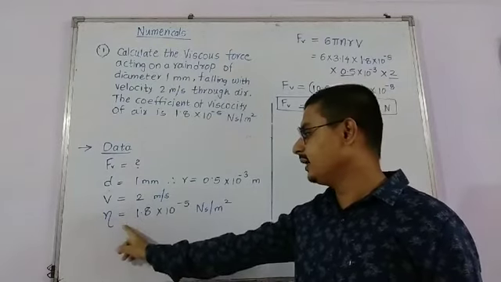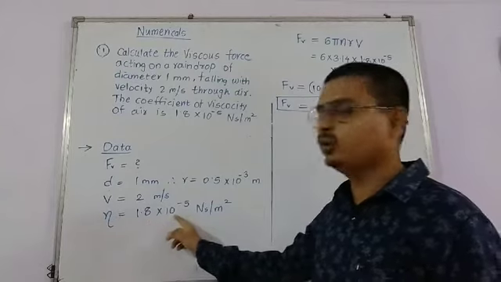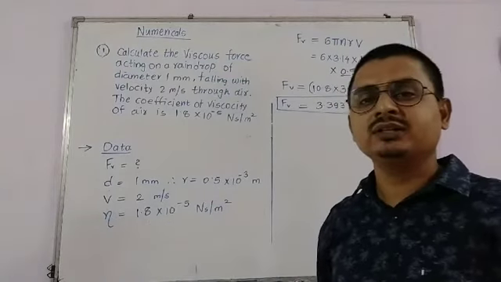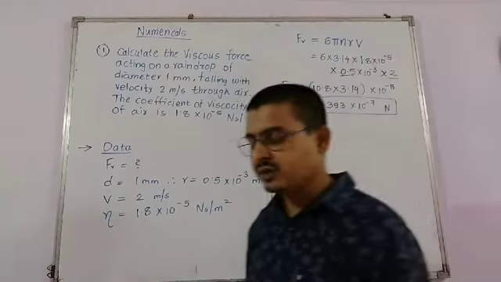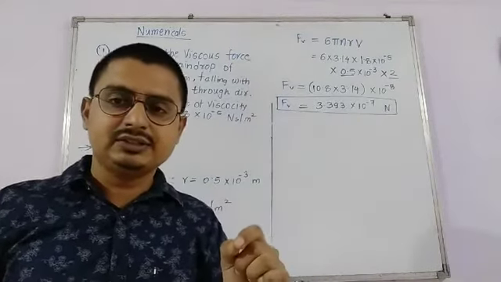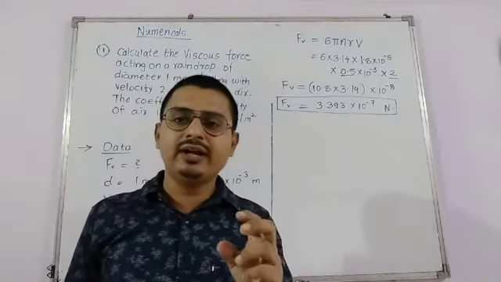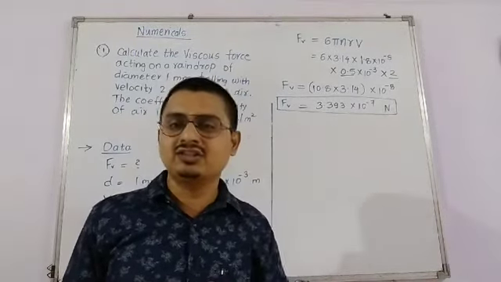And this eta stands for the coefficient of viscosity, that is 1.8 into 10 power minus 5 Newton second per meter square. So according to Stokes law, this relation can be equated by 6 pi, that is the constant.